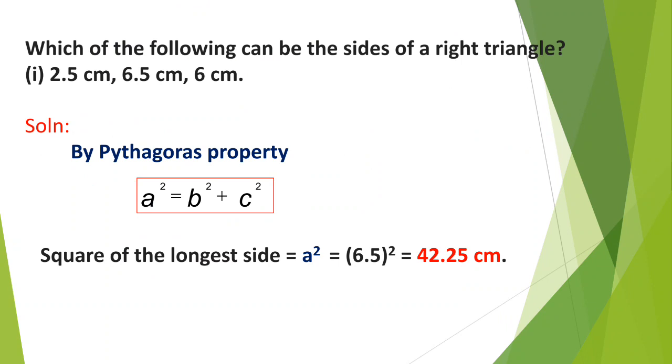In 6.5, we have the point after only one digit. When we are multiplying 6.5 into 6.5, we have to place the point 2 digits from the last. So, you will get 42.25.